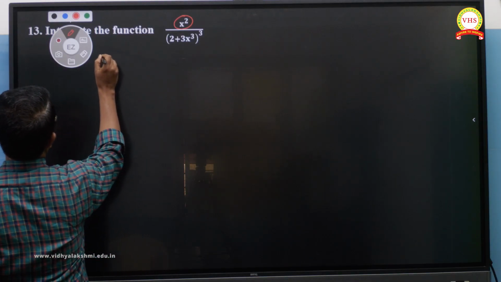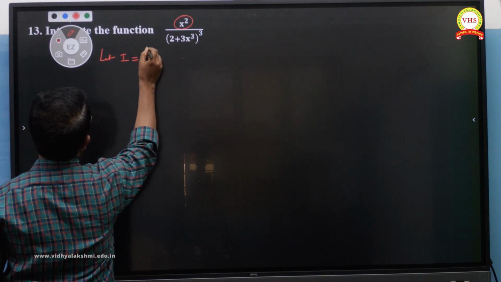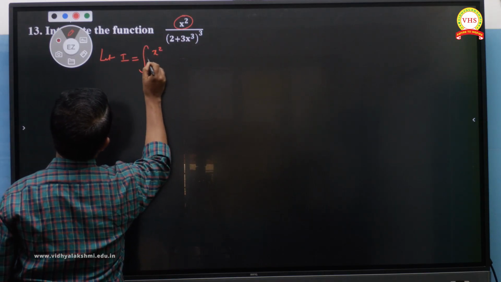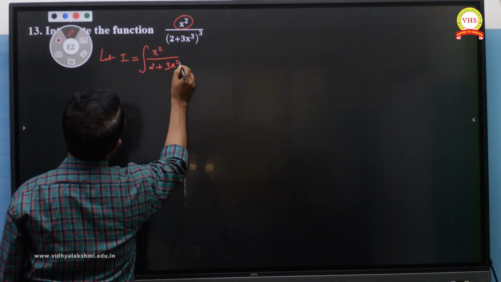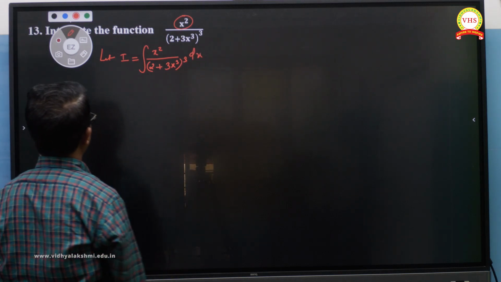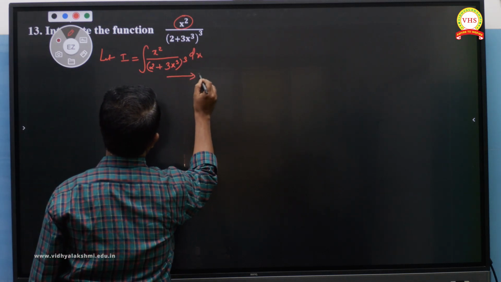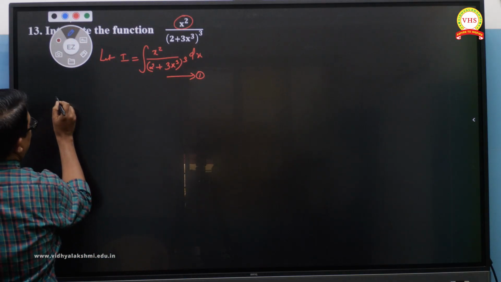Now let the integration I equal the integral of x square divided by (2 plus 3x cube) whole cube into dx. We may call this equation number 1. Now assign the value.